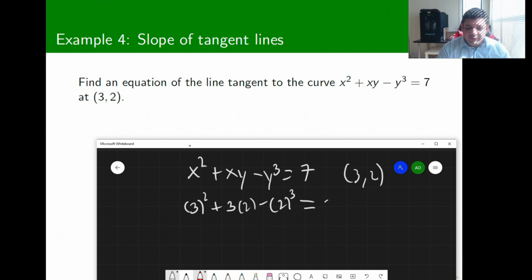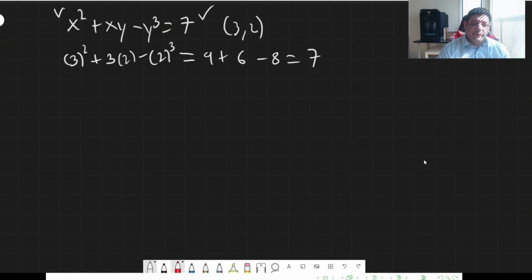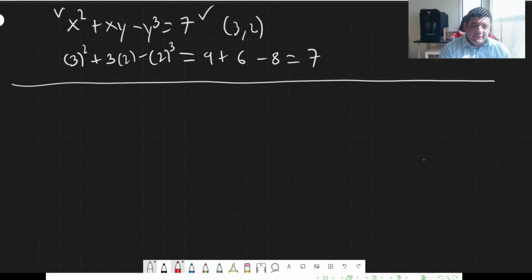And so now this is 9 plus 6 minus 8. And it turns out that 15 minus 8 is actually 7. So yeah, it holds on both sides of the equation. So we know now that that point belongs to that curve. So next what we need to do is get the tangent line. We take derivatives.